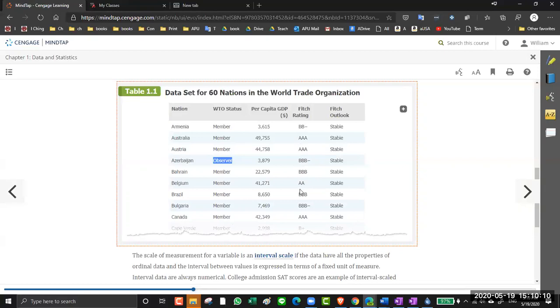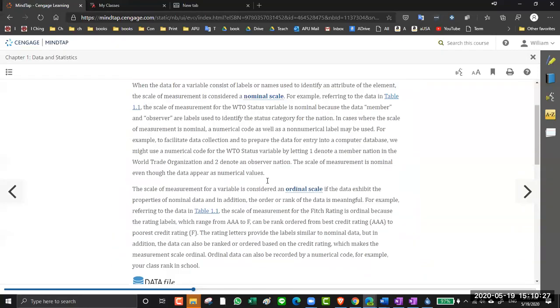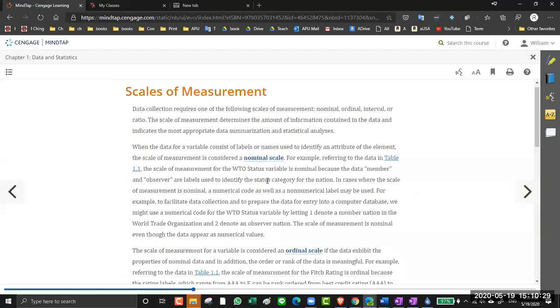Triple B, triple B minus, double B and so forth, right. But for this one, obviously, it's almost infinite, right? Maybe not infinite, but anyway, a lot. All right. So first of all, we want to talk about nominal type of measurements.